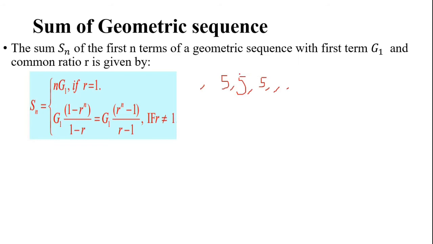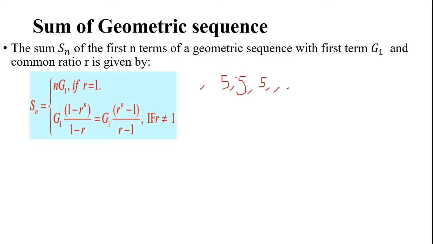If we divide the second term by the first term, we obtain r equal to 1. So we obtain a common ratio r equal to 1 if and only if all elements of the given geometric sequence are the same.